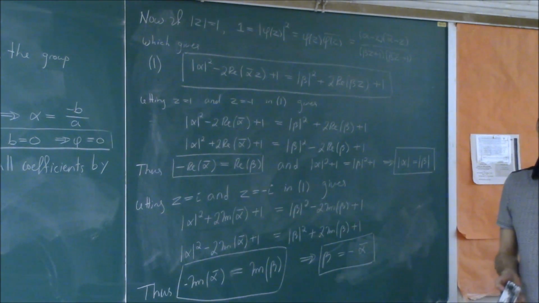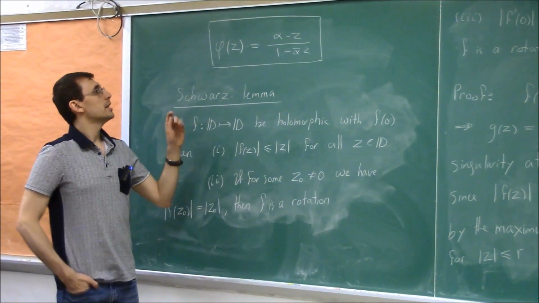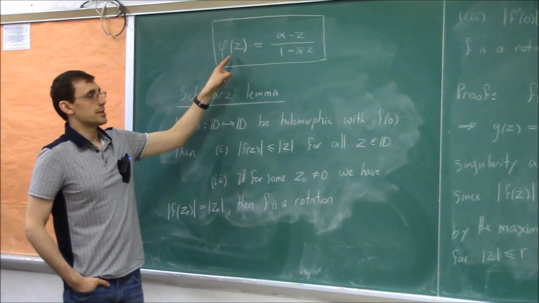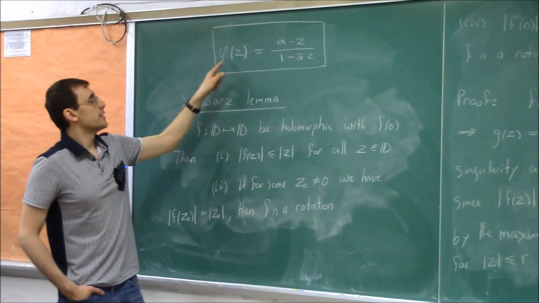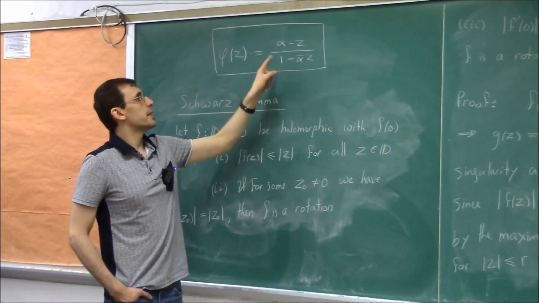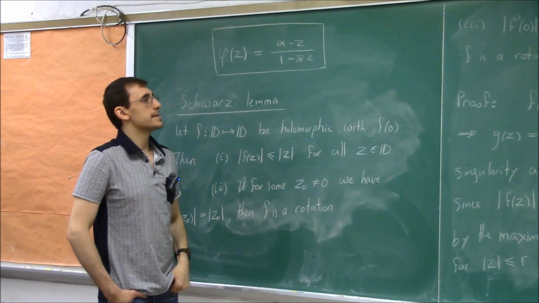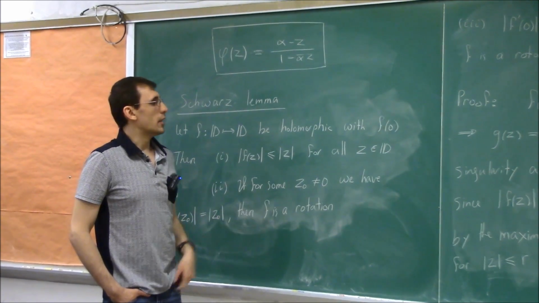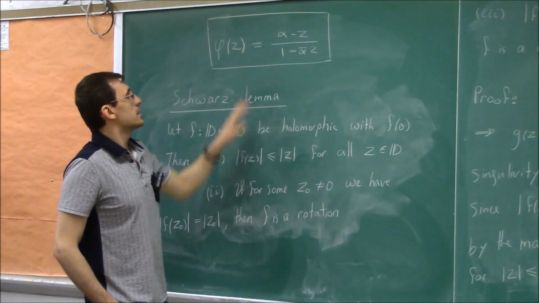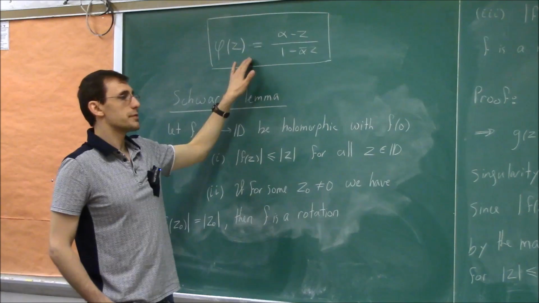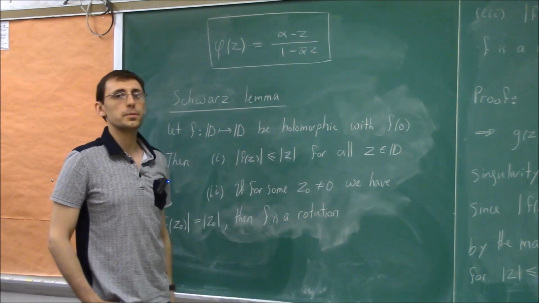What's the consequence? We have at last determined the desired function. This is simply phi of z equal to alpha minus z divided by 1 minus alpha bar z. We are going to see the consequences, and this has a lot of consequences. Very useful function with very useful properties.